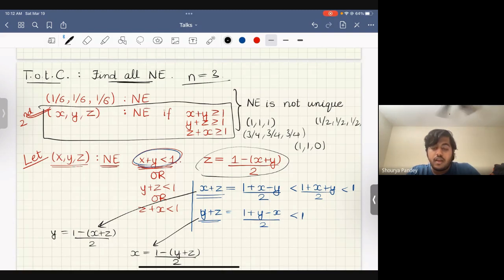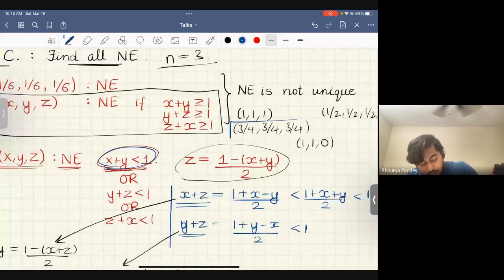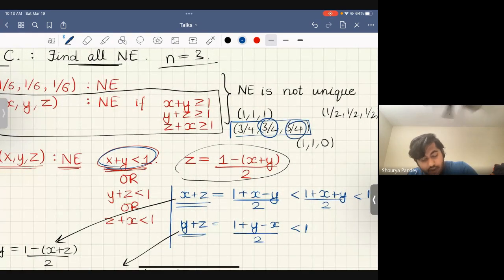Well, that's not true. Nash equilibrium only means that if you fix the other values, it is not beneficial to change. Why is this a Nash equilibrium? Because if you fix these two values, it is not beneficial for the first value to be changed. It doesn't matter what this value is, the utility will remain 0, so it's at least as good to choose 3/4 as to choose anything else here.